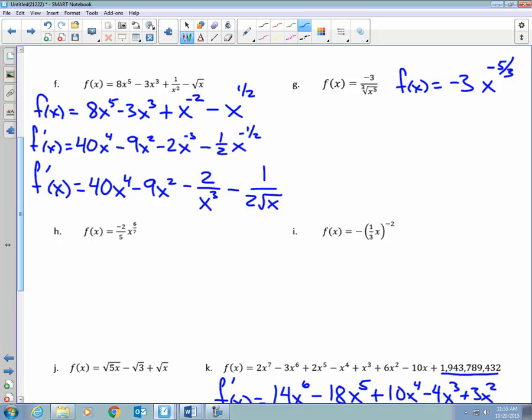Now I could take the derivative. f prime of x is equal to negative 5/3 times negative 3 x to the, subtract 1, and we get negative 5/3 minus 3/3, negative 8/3.